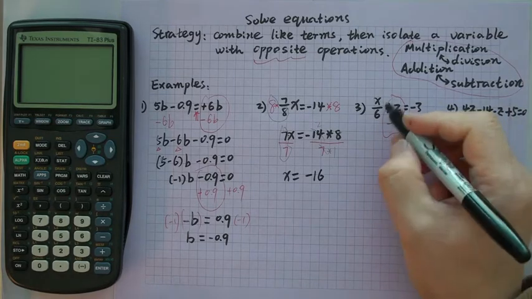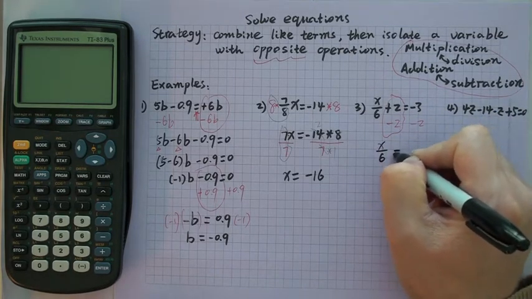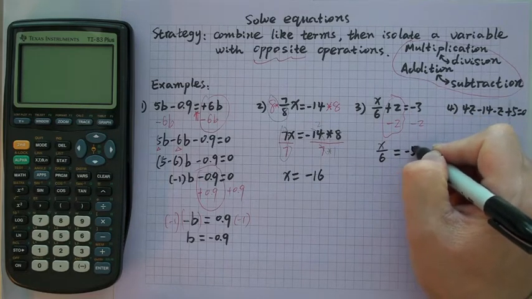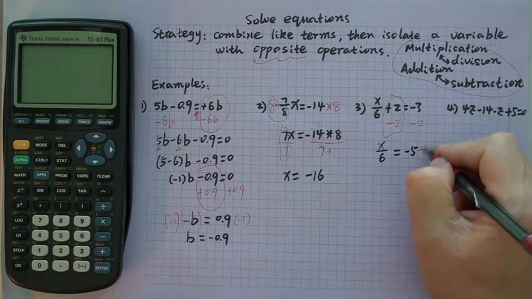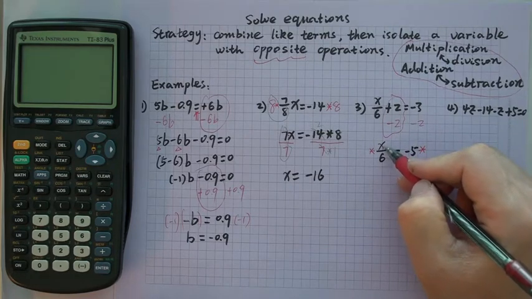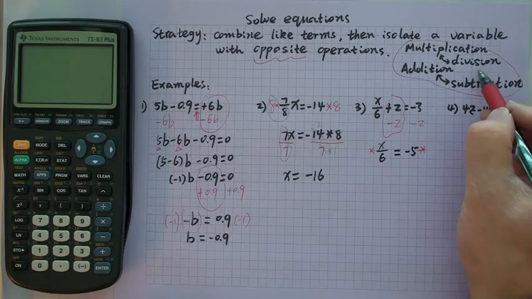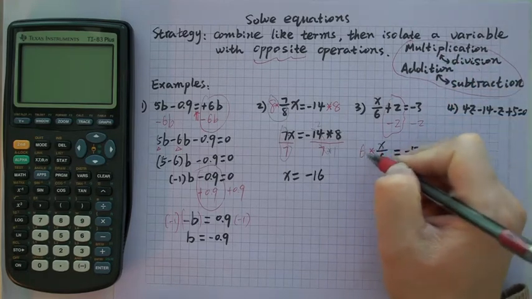So then you have x over 6 equals negative 3 minus negative 2, which is negative 5. And then you do multiplication, because x is divided by 6. When you see division, you want to do multiplication.